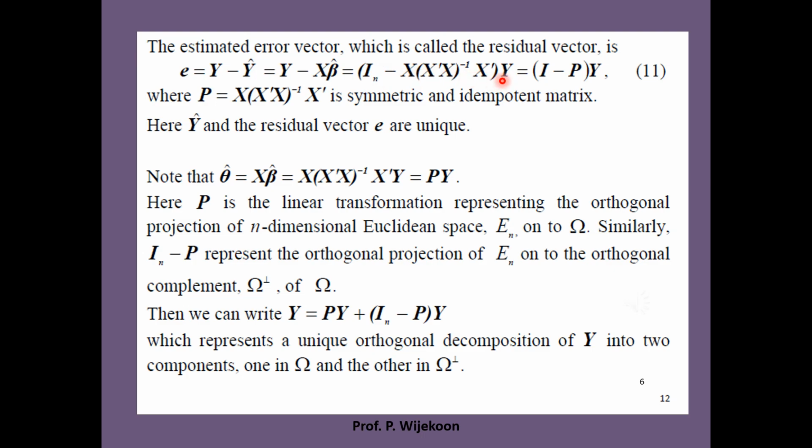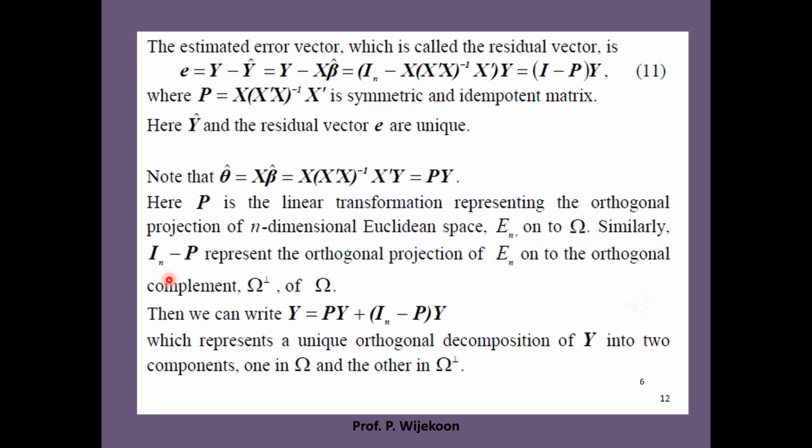We use P to denote the matrix X (X'X) inverse X', which is a symmetric and idempotent matrix. Look at this equation. We can write theta hat, which is X beta hat, as Py. This means P is the linear transformation representing the orthogonal projection of n-dimensional Euclidean space E^n onto omega.